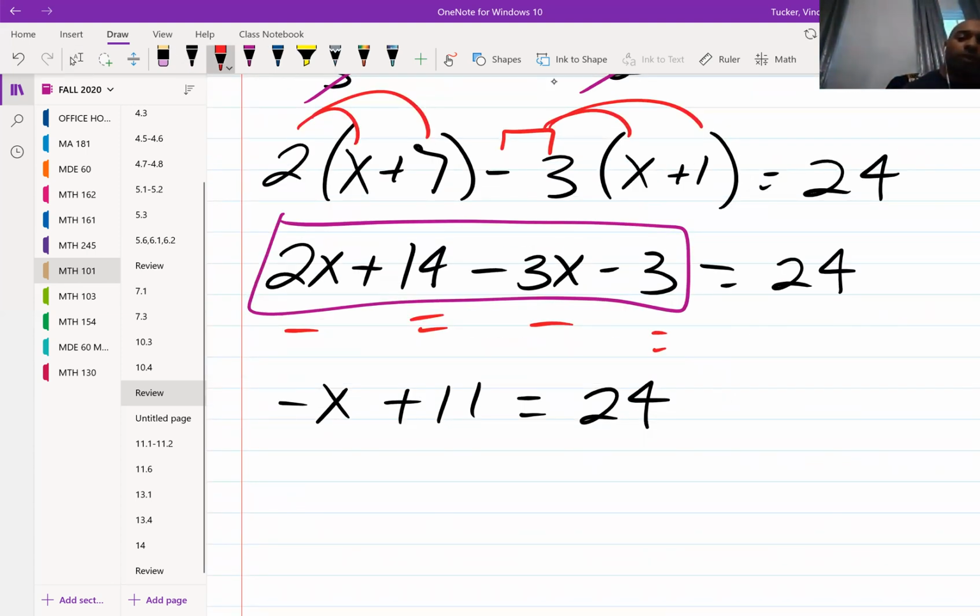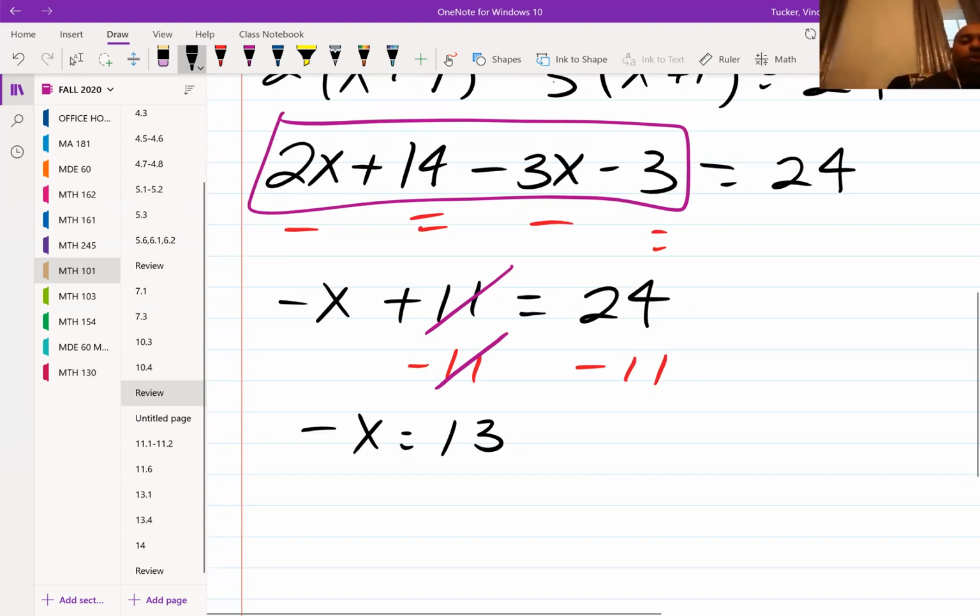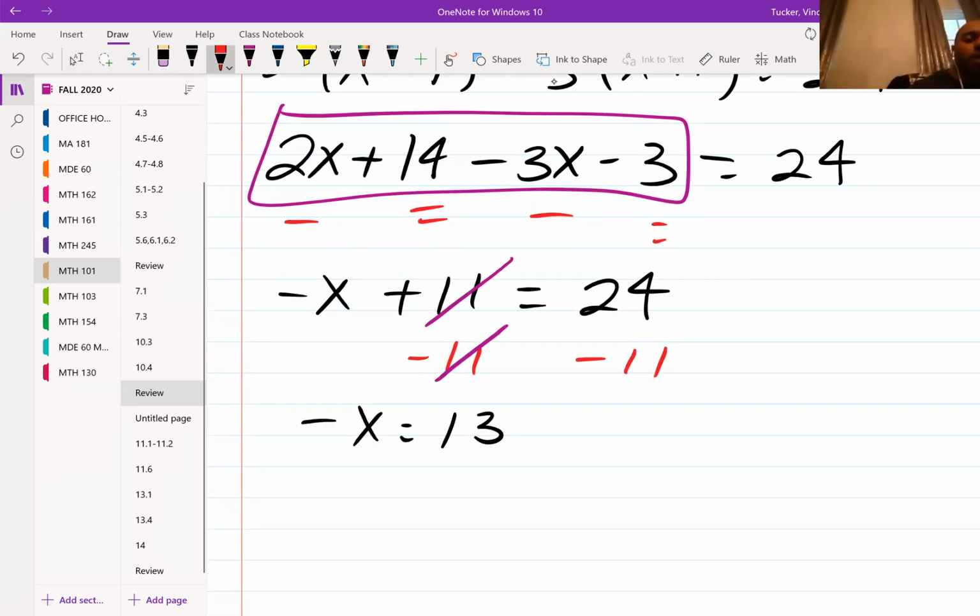Subtract the 11 from both sides. -x is equal to 13. And remember, we're solving for x, not -x, so I can take this negative over.